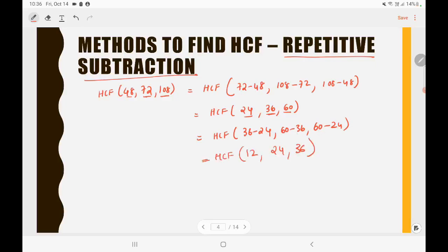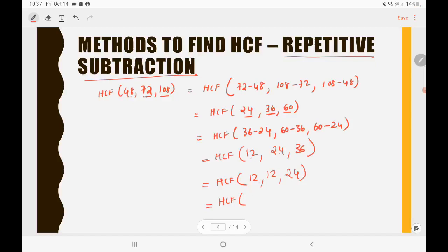Now again repeat this step. You will get HCF of 24 minus 12 is 12, 36 minus 24 is again 12, 36 minus 12 is 24. In the next step, if you repeat, you will get 12 minus 12 as 0. If you are getting 0, just write the same number itself, don't write 0.